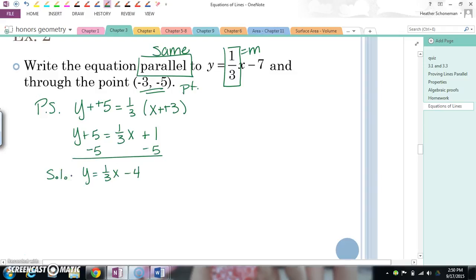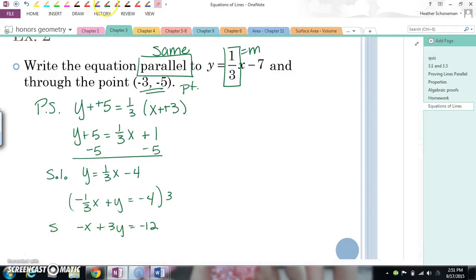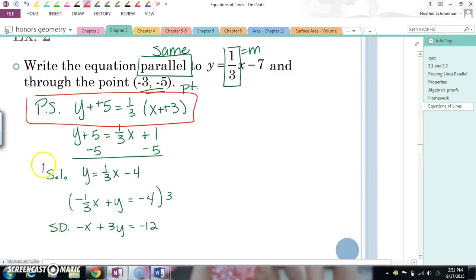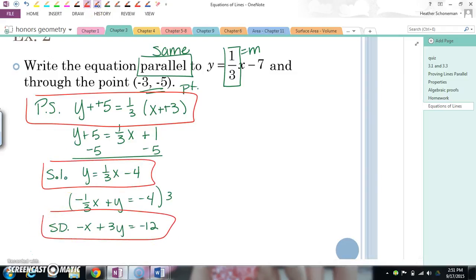To get it to standard form, move the x's to the left, which gives me negative 1/3 x plus y equals negative 4. Don't forget to clear the fractions. Negative x plus 3y equals negative 12. Oh, crazy line. And now we are in standard form. And here are your 3 equations. So you have 3 answers for each problem.